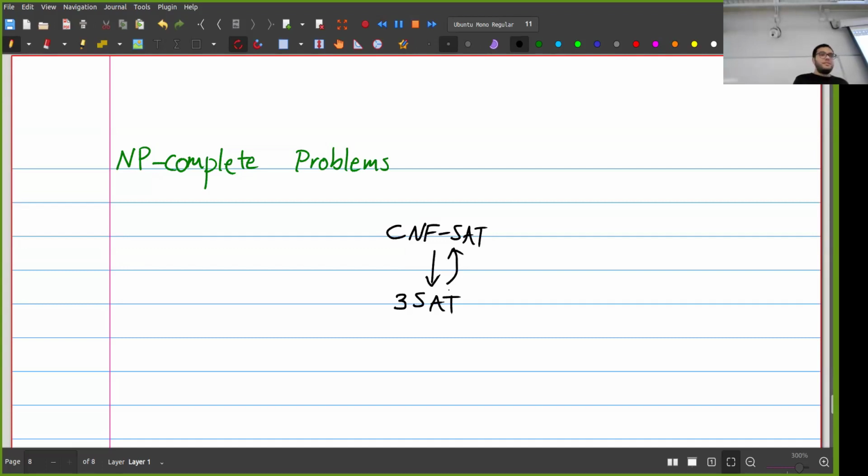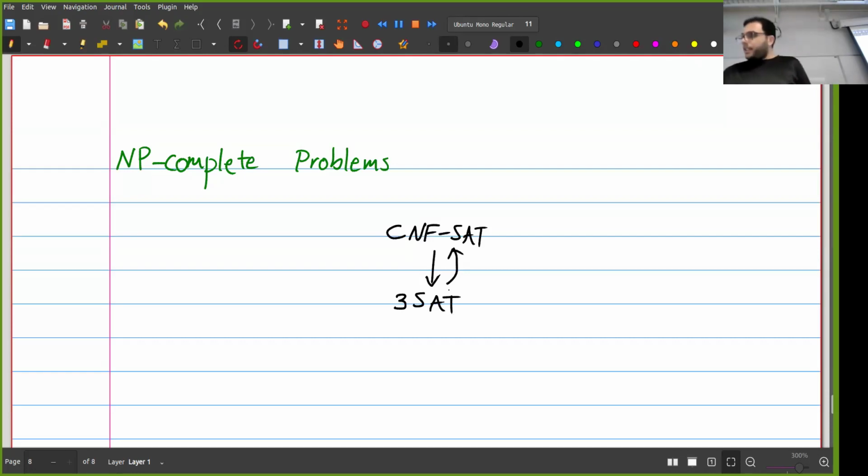There are a lot of beliefs. It's kind of like a religion. Most computer scientists believe that P and NP are not the same. And of course, NP complete problems are the hardest problems in NP. So most computer scientists believe that you cannot find a polynomial time algorithm for any of the NP complete problems. But we don't have a proof, so it's possible that it actually exists.